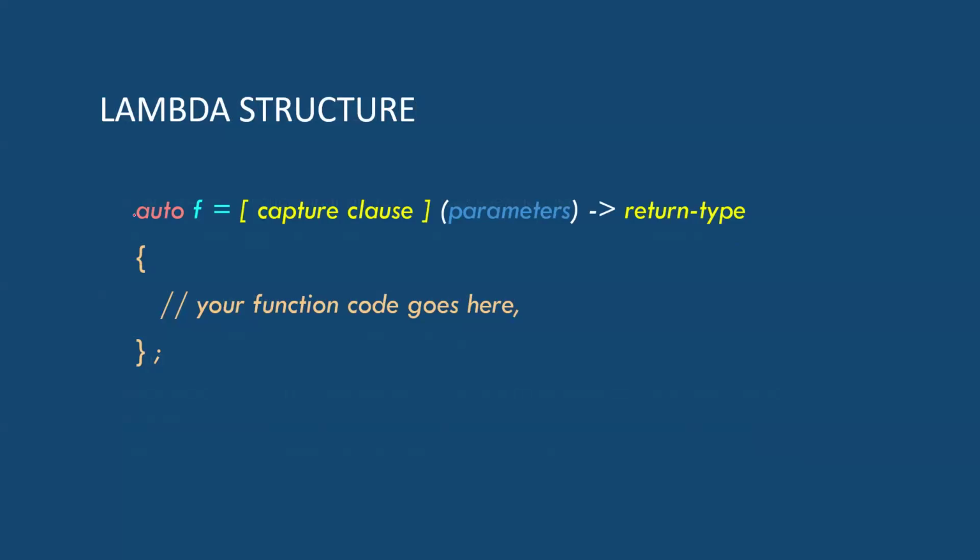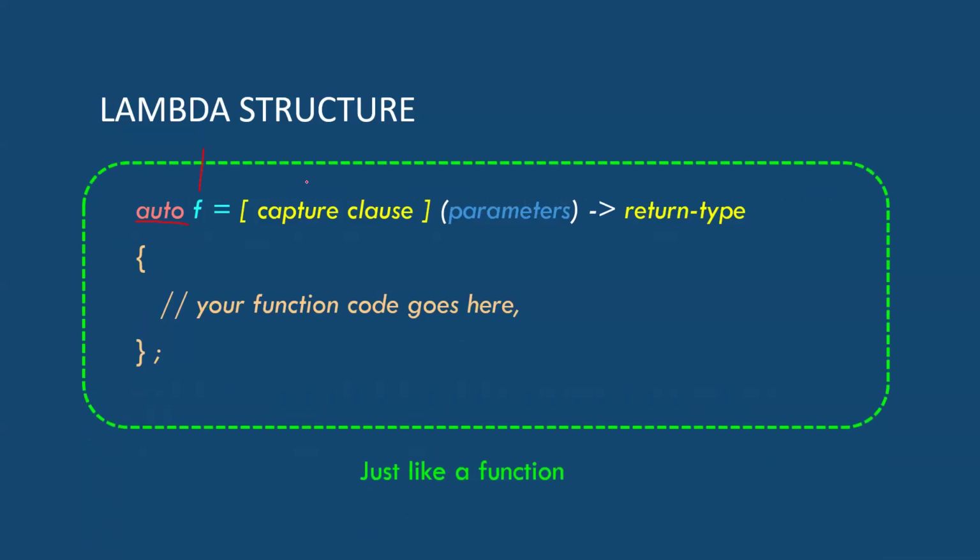So it's kind of like the definition of a function where we say auto, here comes a lambda. Here's the name of our function, right? And then we will talk about these individual parts over the next couple slides. So the capture clause is like the constructor arguments to our functor. It almost quite literally is.